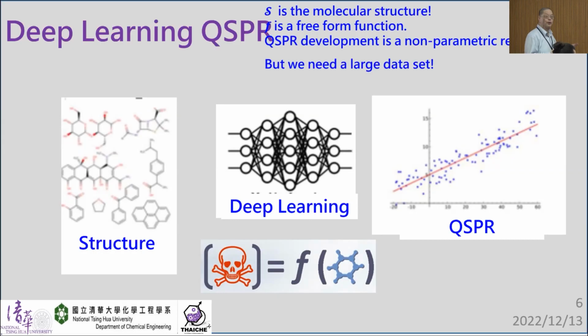So what we are asking is, can we forget about feature curation? Can we just put in some form of structure representation and obtain a deep learning QSPR to predict properties?